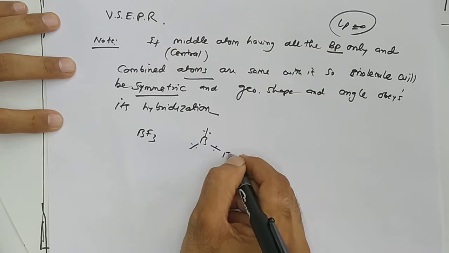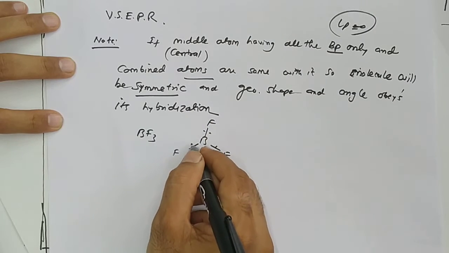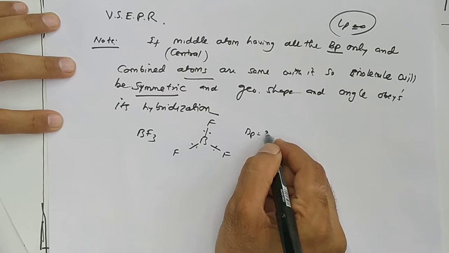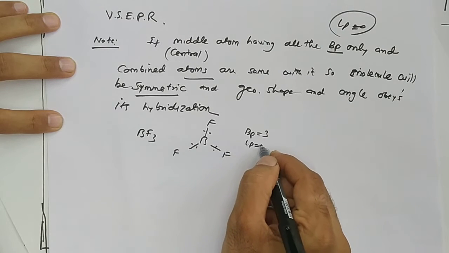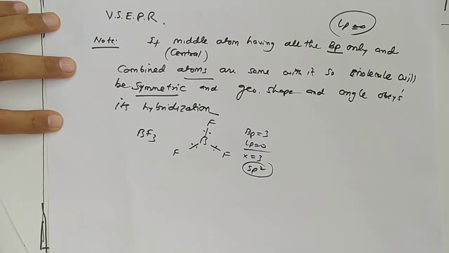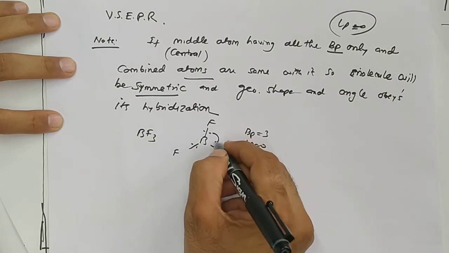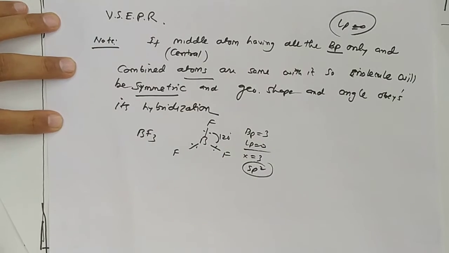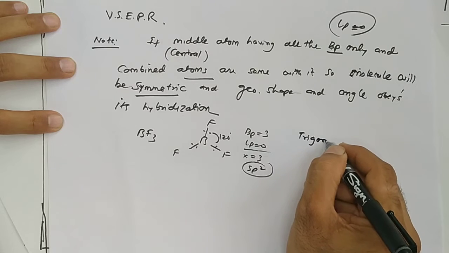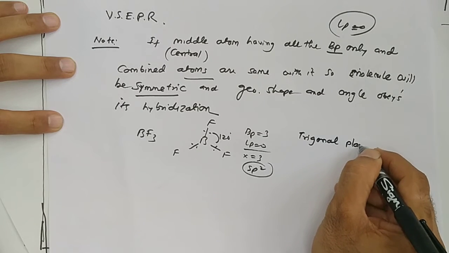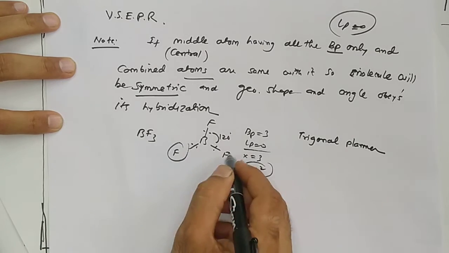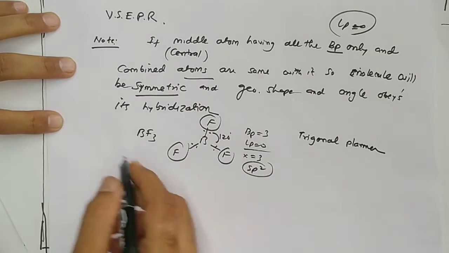In boron, the central atom, there are 3 electrons, all 3 are bonded, so bonding pair is 3, lone pair is 0, so hybridization is sp2 and angle is 120. Trigonal planar shape exactly, and the molecule is symmetric.